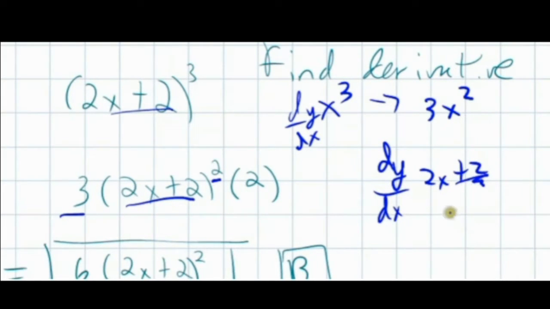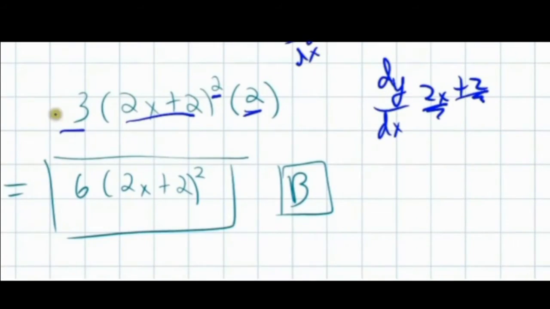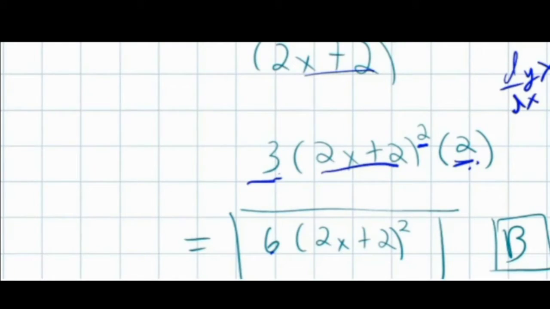Well, the 2 is a constant, so when you take its derivative, it's 0. And the derivative of 2x is simply 2. So that's where this comes from. Next, you just want to simplify. So 2 times 3 is 6. And I'm leaving this quantity squared. And your answer is going to be B.